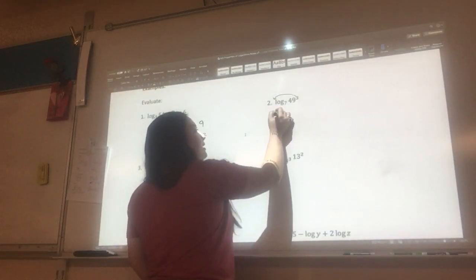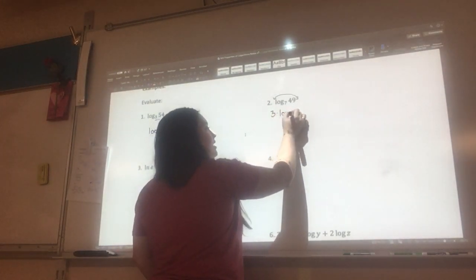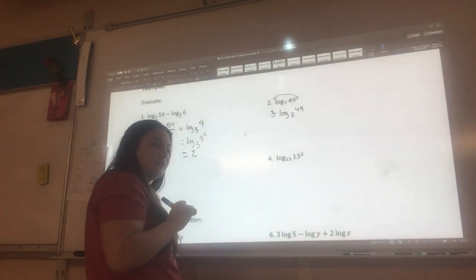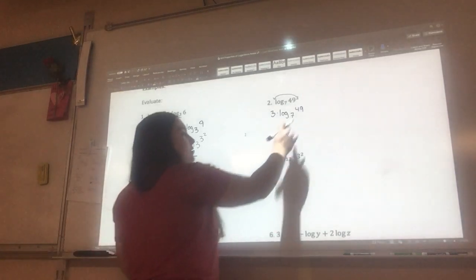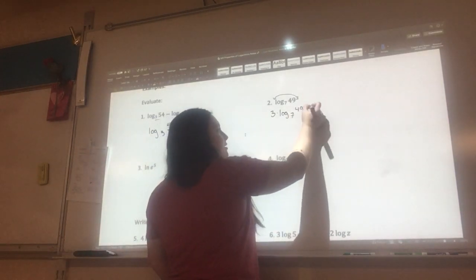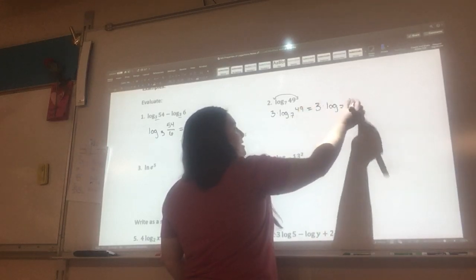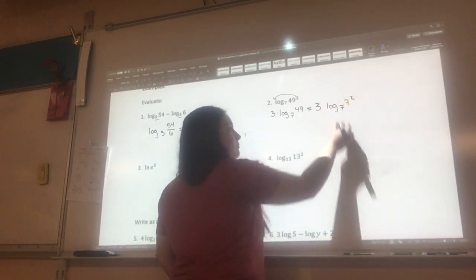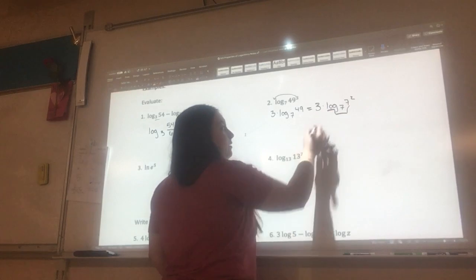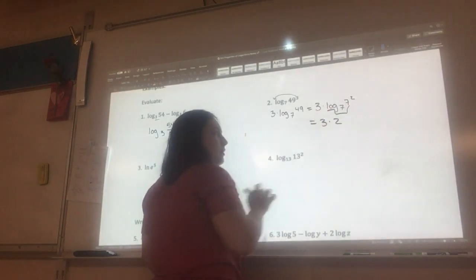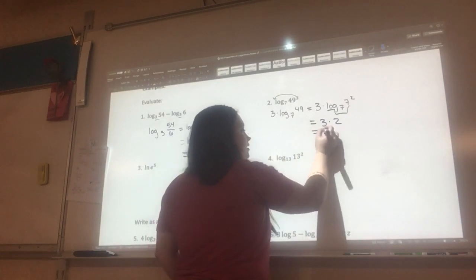So this becomes 3 times log base 7 of 49. 49 is a lot easier to deal with than 49 to the third. 49 is the same thing as 7 squared. Well, I got these to be the same. So this should be 3 times 2. So the answer to number 2 is 6.